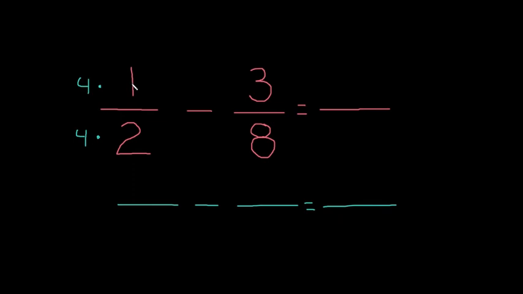We have 4 times 1, which is 4. 4 times 2, which is 8. We just bring this one over. And we're going to carry the denominator. So 4 minus 3 is 1. So 1/2 minus 3/8 equals 1/8.